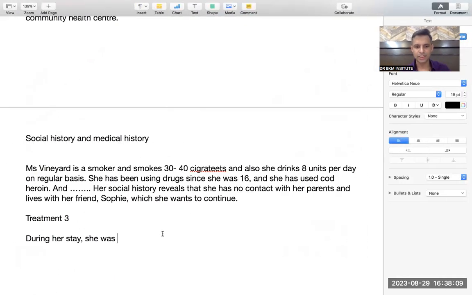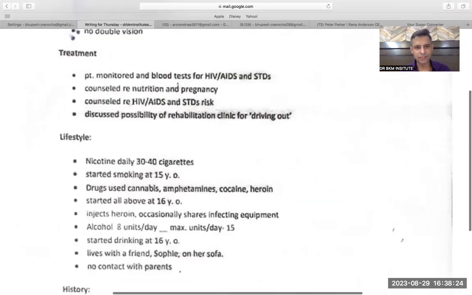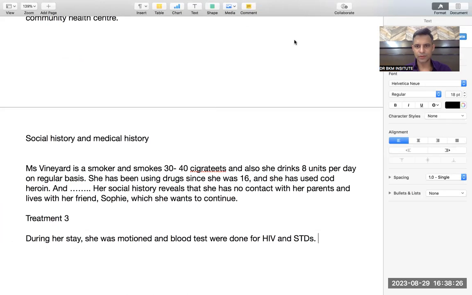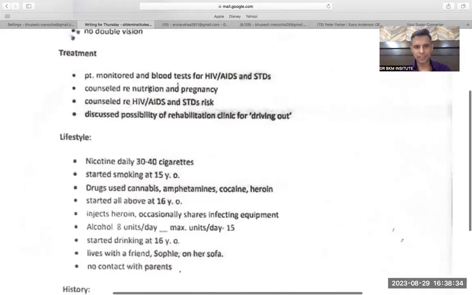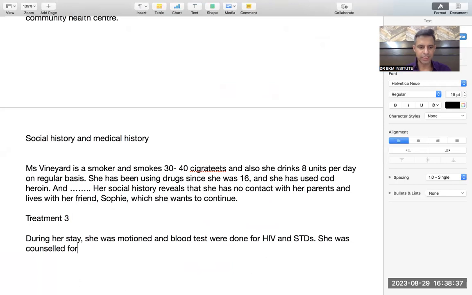You will say she was monitored and blood tests were done for HIV and STDs. That is how simple. You just keep on writing things, whatever you feel like. Then the second point was she was counseled. So then you write the second thing: she was counseled regarding nutrition and pregnancy.